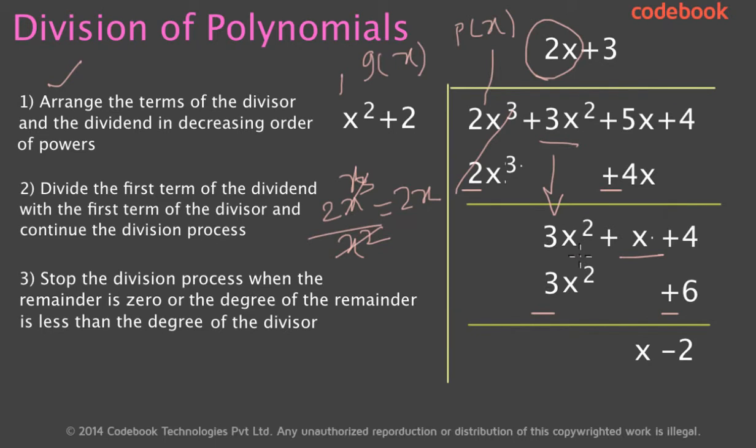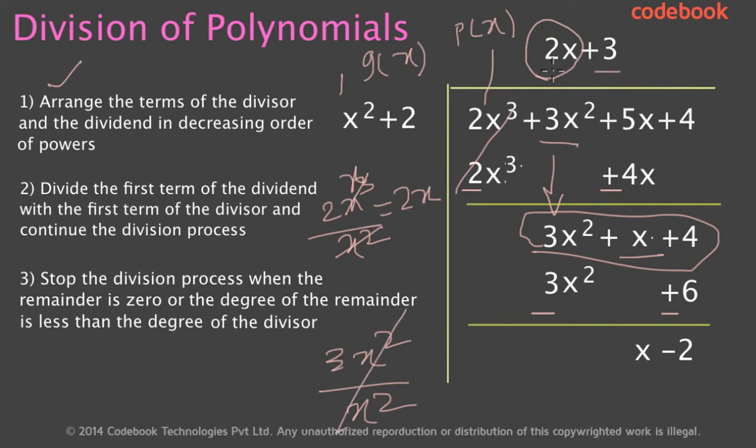Now this whole thing becomes your dividend, and this is still the divisor. Divide the first term of your dividend, 3x squared, by the first term of the divisor, x squared, and if you cancel it out, you will remain with 3. So that will be in the quotient: 2x plus 3. Multiply 3 with x squared plus 2: you will have 3x squared, and 3 times 2 is 6.